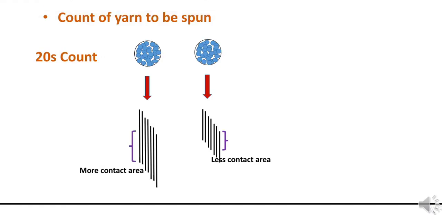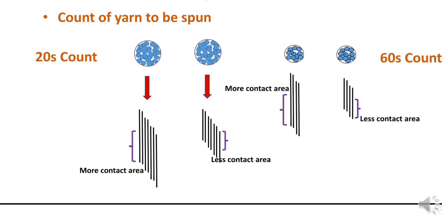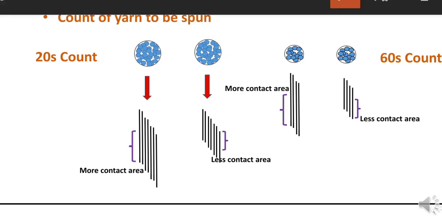But now let us assume you have an order of 60s count. Now what is going to change is the cross section of yarn. With same fineness, number of fibers in cross section will be reduced. Compared to this, here number of fibers are less. Here you have less number of fibers and contact area is this much.